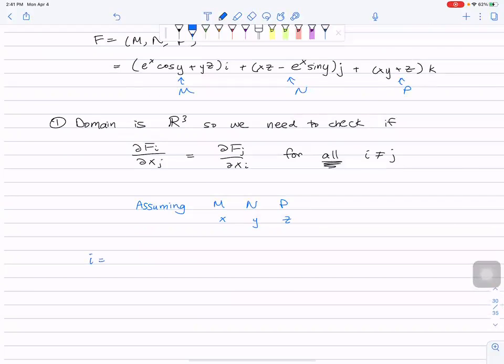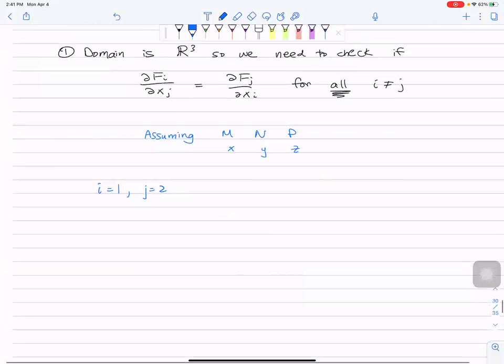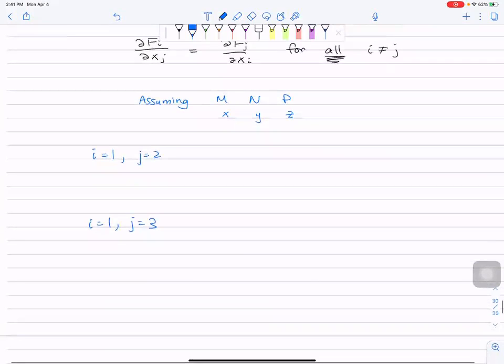If i is 1, j is 2, then we would be checking 1, 2 and 2, 1. If i is 1 and j is 3, that's another possible combination. The last combination is if i is 2, j is 3. By checking these three things, we've checked all possible combinations that we need to check.